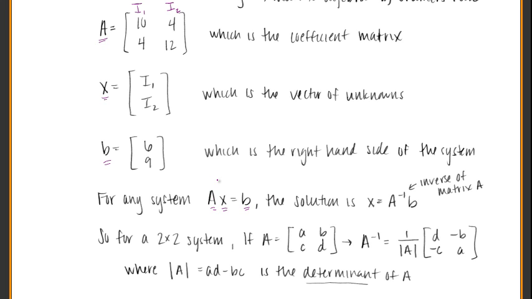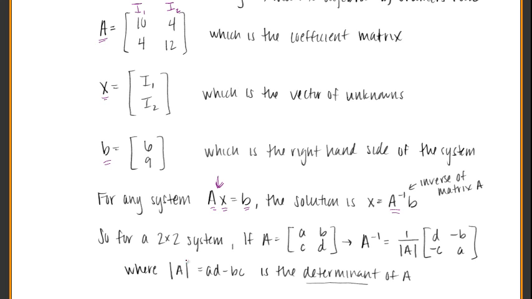So on the left side, those two combined together would be the main equations that we just developed, and then equals the 6 and the 9. Okay, so if you want to solve for this, if you want to get X by itself, we need to move the A off the left and put it on the right. If you move it off the left and put it on the right, you have to write it in the form of inverse. Okay, so X is equal to A inverse times your solutions.